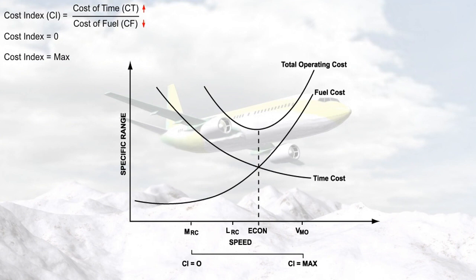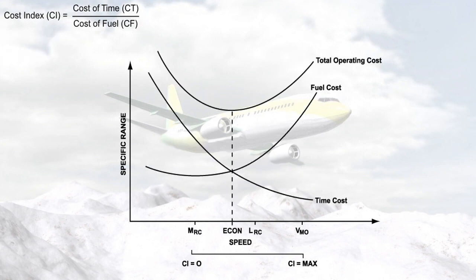When time costs are high and fuel costs are low, then the cost index will be very high, and the ECON speed will be closer to the maximum operating speed, so that the massive time costs are reduced. To summarize then, increasing the cost index from 0 to maximum will increase the ECON speed from maximum range speed through to VMO. For most aeroplanes, the cost index varies from 0 to 99 or from 0 to 999.